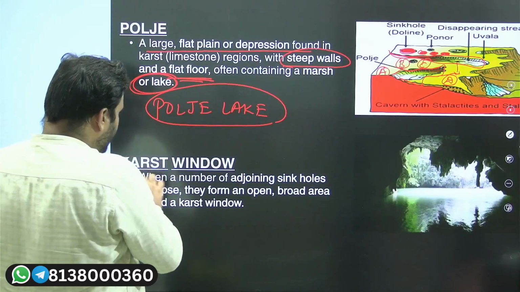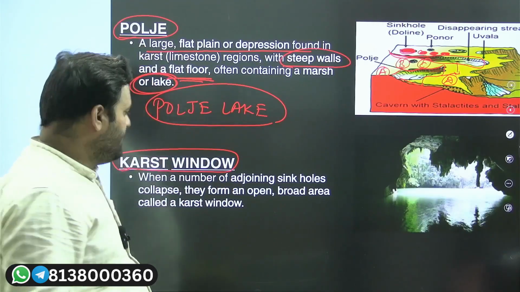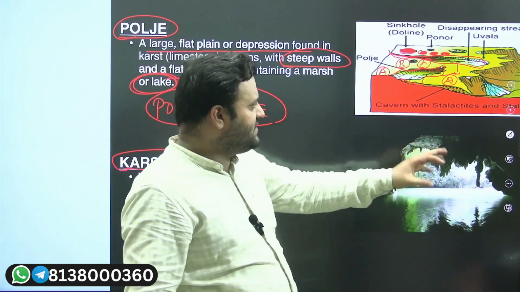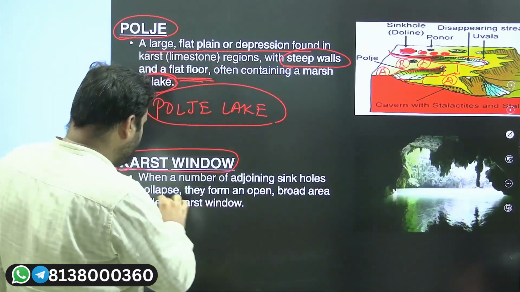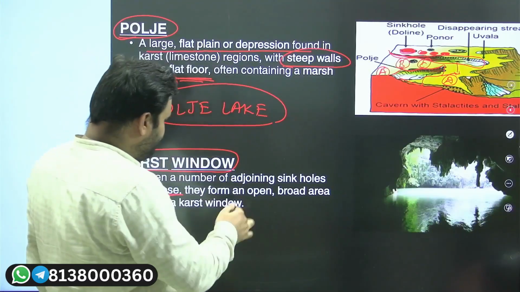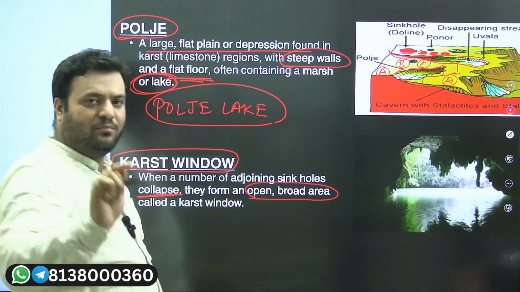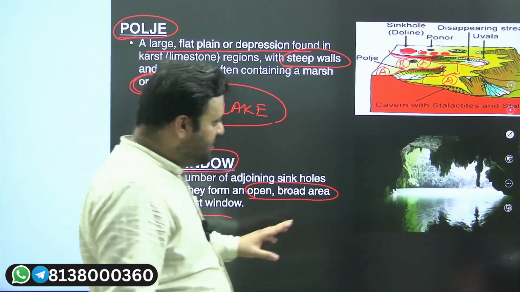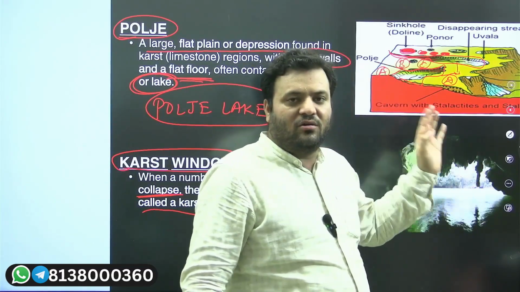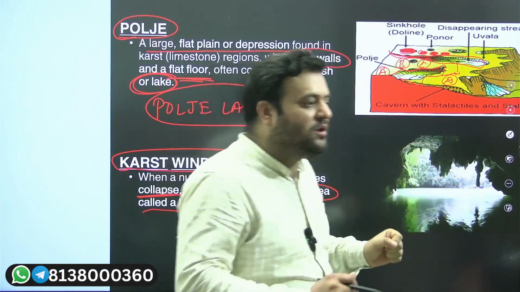Then we have a karst window, and this is the name given to a particular slope appearance. Karst window means, whenever we have so many sinkholes, and these sinkholes collapse completely, as a result they form one open and broad area, and this open and broad area connects with the outer topographical feature. That acts like a window, like you can peep out from windows.